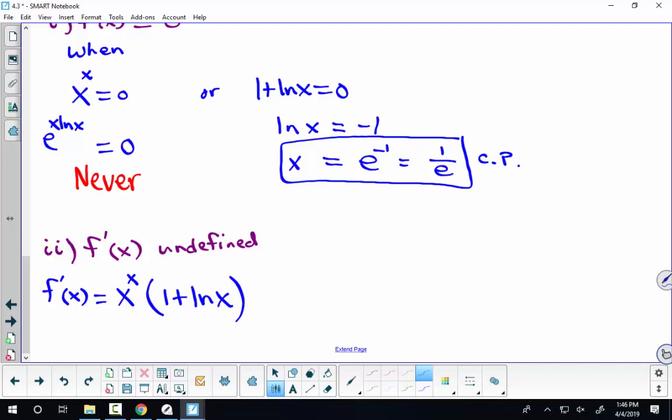What's the domain of 1 plus ln of x? One's fine. What's the domain of ln of x? 0 to infinity, right? So the domain of this function is just 0 to infinity, and you don't add any other restrictions from the natural log function.